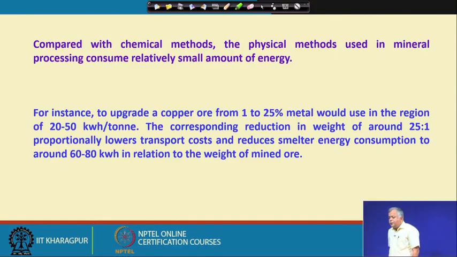Now, what sort of methods do we use? When I take an ore, you have property differences, it may be physical, it may be chemical, between your gangue materials, that is the unwanted minerals, and your wanted minerals, that is your ore. Which properties should we exploit?